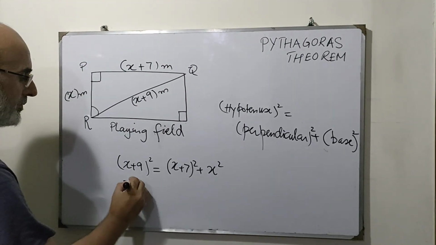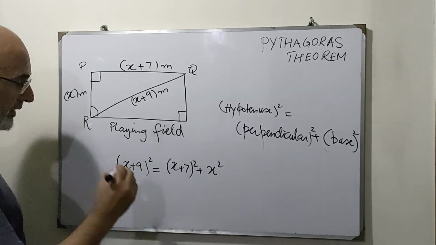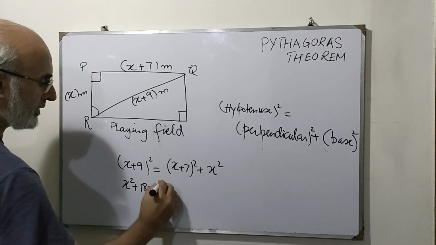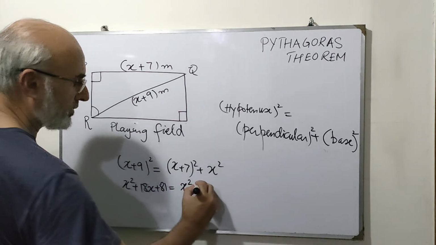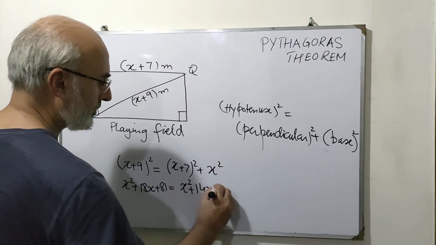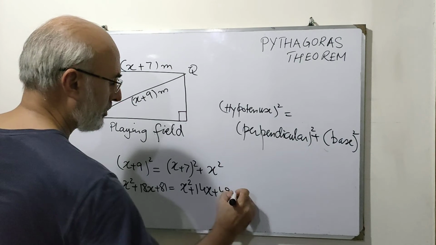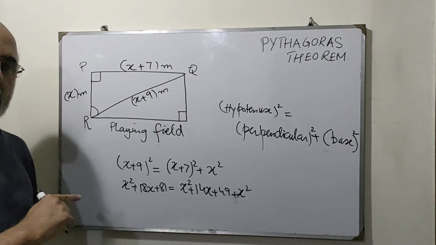So x square, I'm not going to give you the detail here, I'm just going to apply it, plus 18x plus 81 is equal to x square plus 14x plus 49 plus x square. Okay, identity is applied.